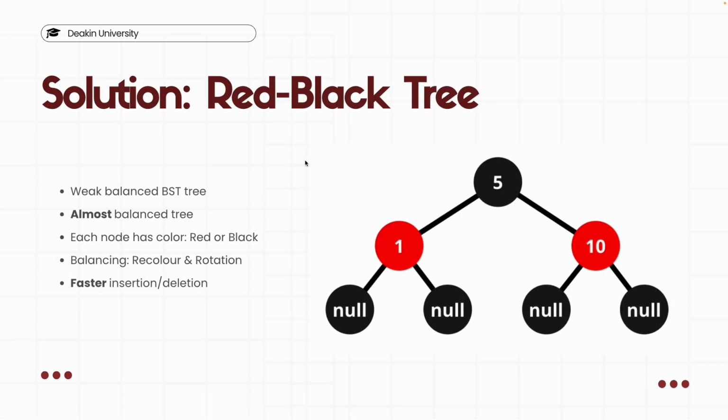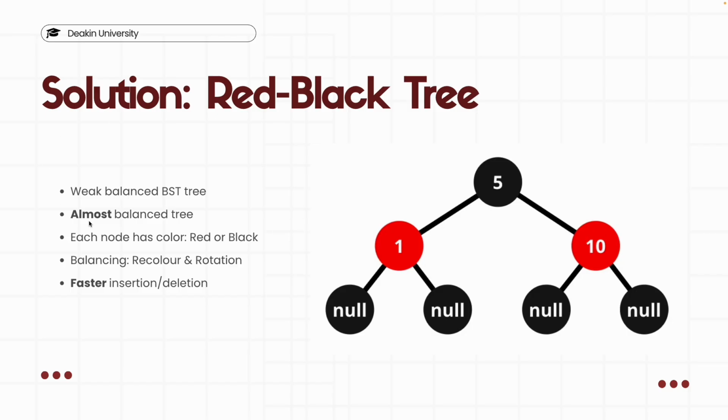Alright, another solution that I want to introduce to you is the red black tree. The red black tree is also a self-balanced binary search tree, but it is not as strict as an AVL tree. We can say the red black tree is a quickly balanced binary search tree or an almost balanced binary search tree.